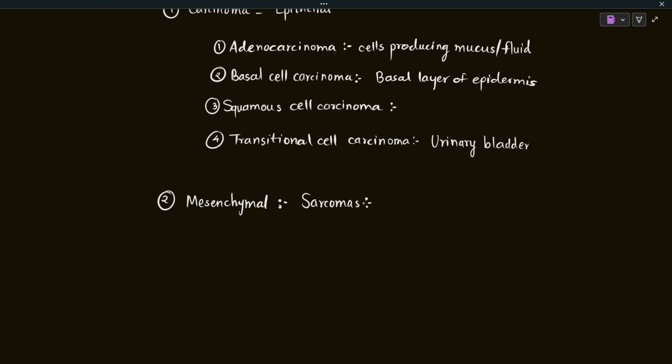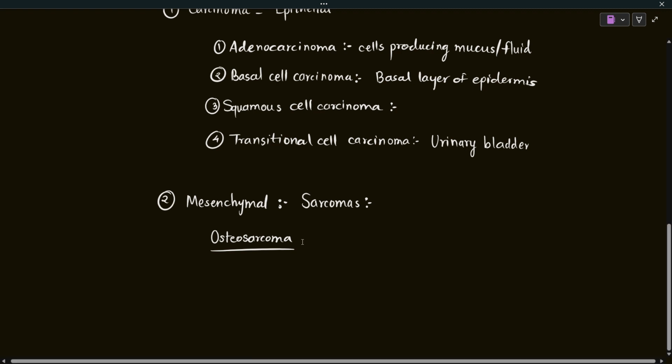So the blood vessels, the muscles, when they undergo cancer, we call them sarcoma. A very commonly found example of sarcoma is osteosarcoma. Osteo means whatever is related to bone, we term it as osteo. So osteosarcoma is obviously related to bones, and this is a very commonly found sarcoma.